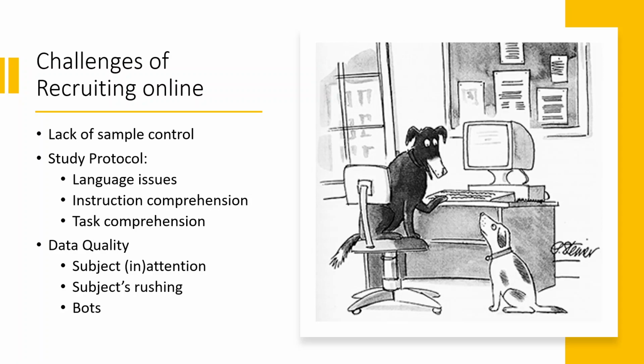So when you do online studies, there are challenges. You want to make sure that you are putting in questions and checks in place to make sure that people understand what you're asking them to do, that they in fact fit your sampling frame, that they are the age and gender or location that you're interested in recruiting from, and that they're giving you quality data.